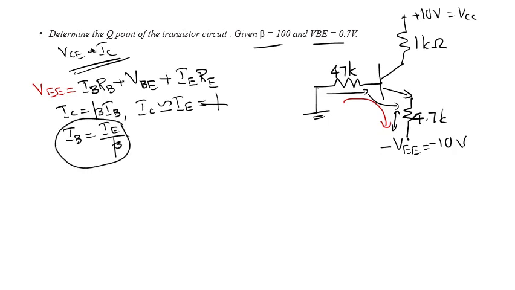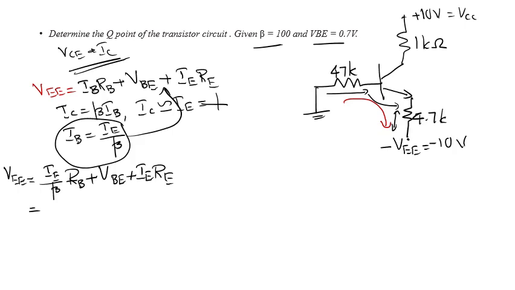So we'll substitute this one in this equation, so that our VEE is equal to IE by beta into RB plus VBE plus IE into RE.